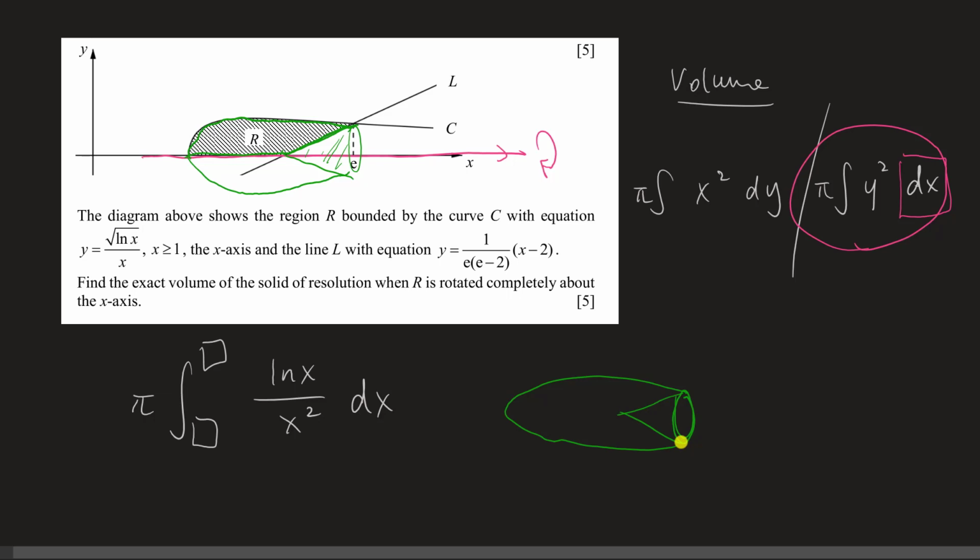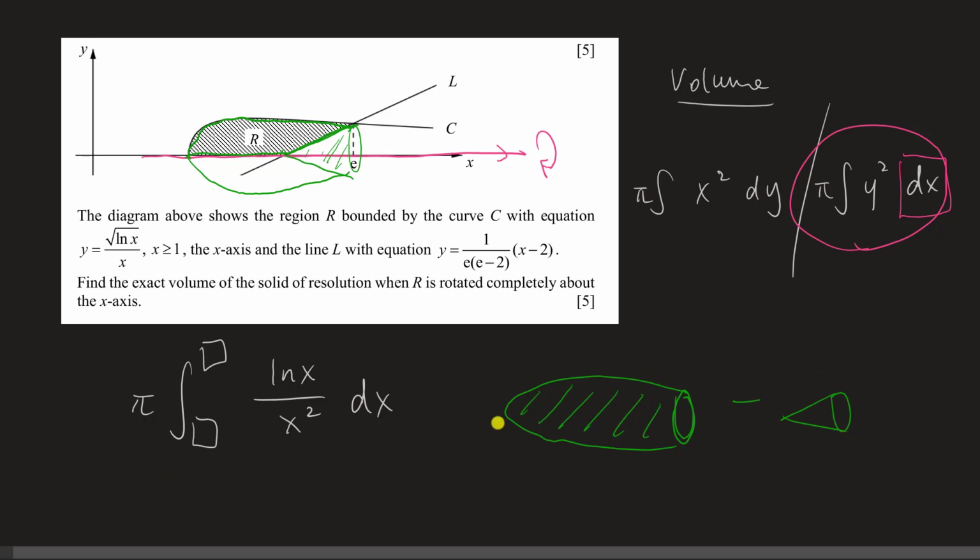So the plan is just to find this entire volume, and you subtract away the cone. For the cone, you can use the simple formula of 1/3 pi r squared h. So let's go ahead and find the uncut version of this volume before we subtract away the cone to get our answer. This is just this.